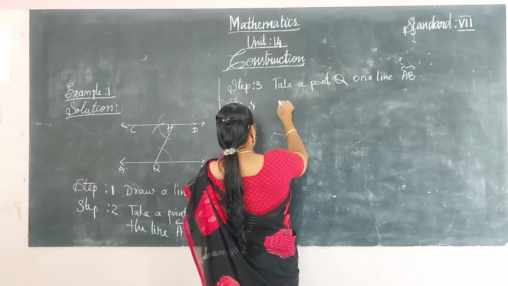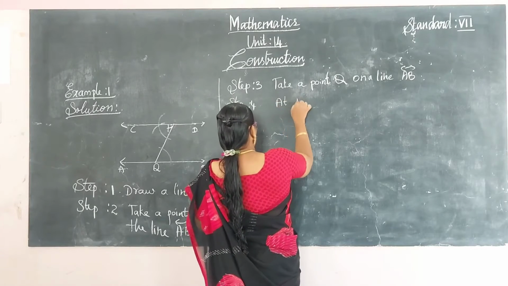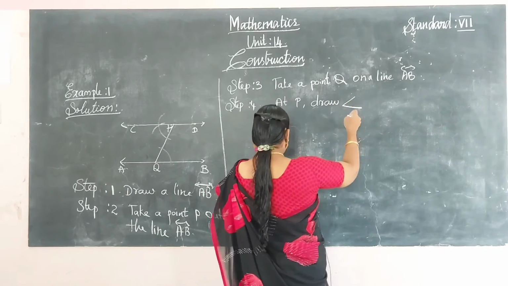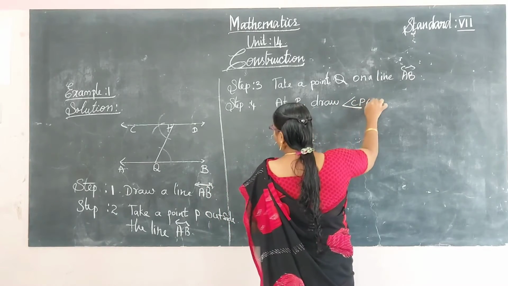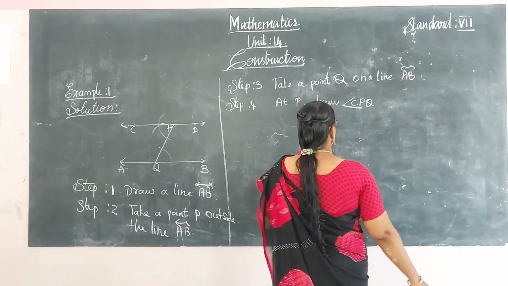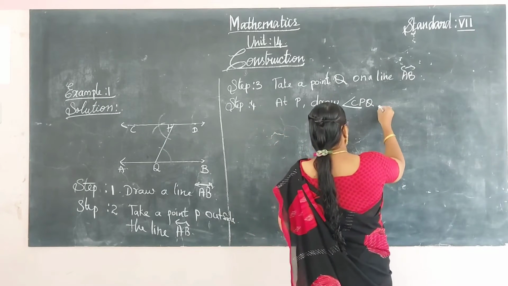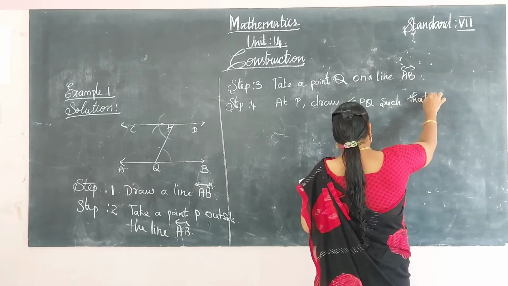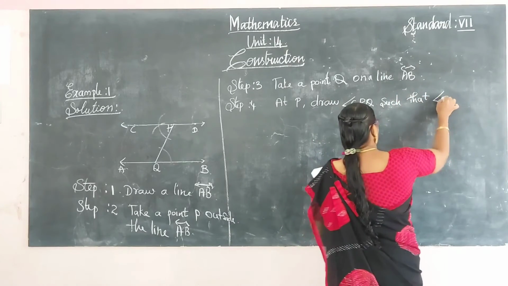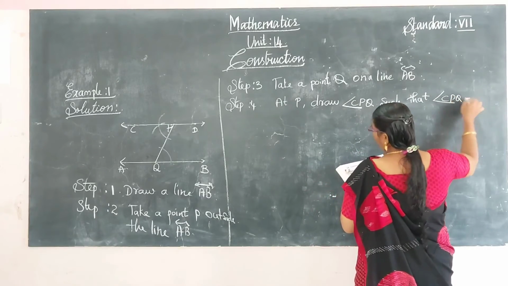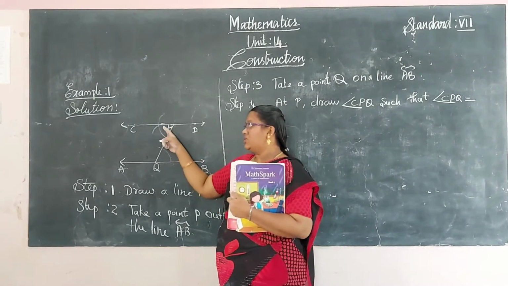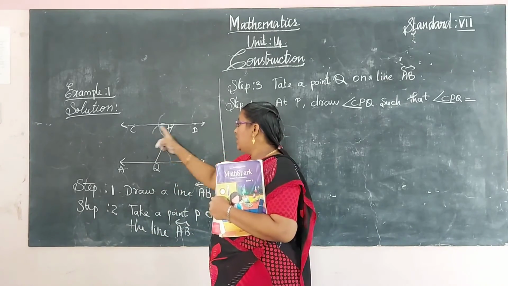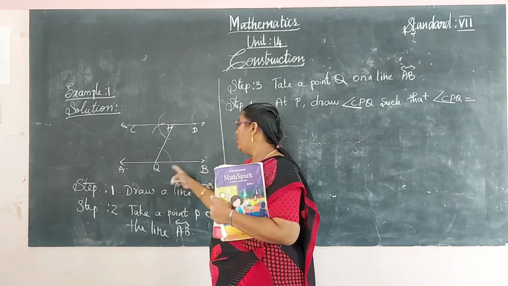So at P, draw the angle CPQ such that CPQ is equal to PQB. These two are the alternate angles, and alternate angles are equal. So CPQ is equal to PQB.